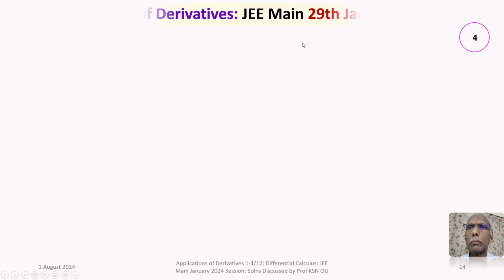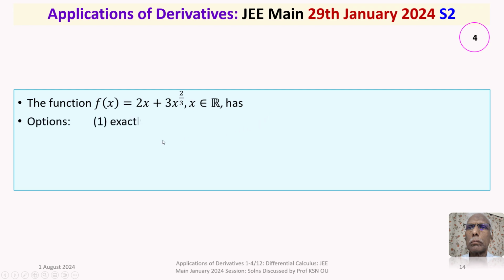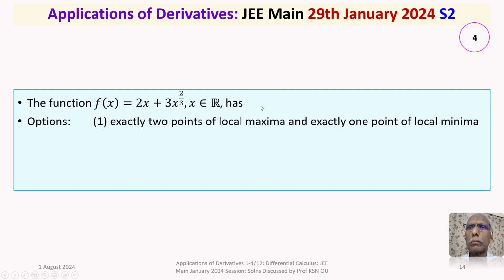This question has appeared in the JEE Main exam held on 29th January 2024 in the second shift. The given problem is the function f of x is equal to 2x plus 3x to the power of 2 by 3, x belongs to R. We are given 4 options. f of x has option 1, exactly 2 points of local maxima and exactly 1 point of local minima.